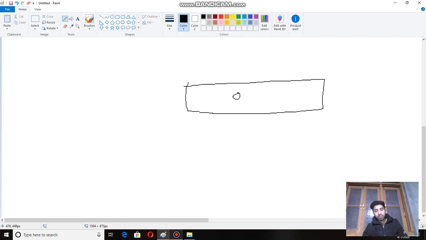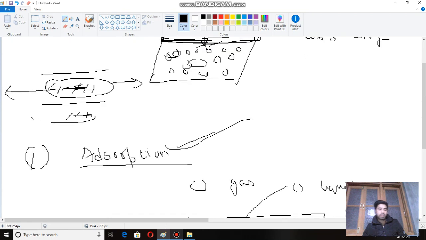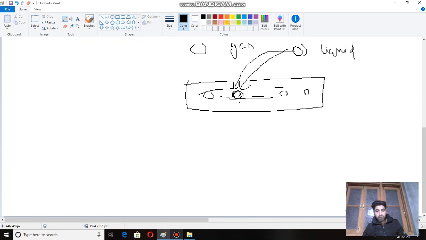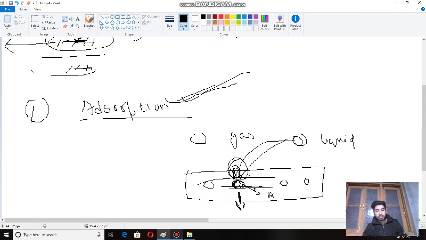So any molecule present on the surface will try to adhere foreign molecules, which may be a gas molecule or a liquid molecule, to its surface. This property is known as adsorption. This is done to minimize its energy, because this molecule will balance this force by providing the necessary force of attraction. So the energy of this molecule will be reduced. This is the basic reason why this adsorption happens.